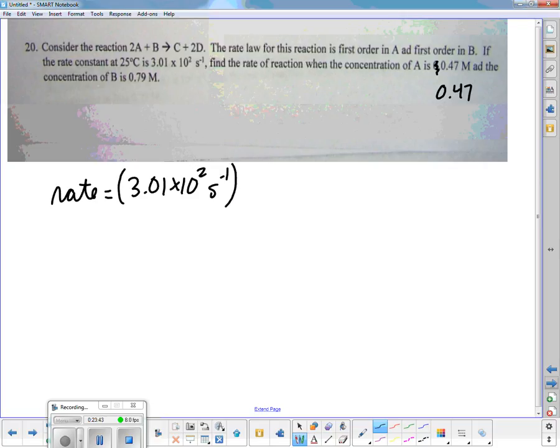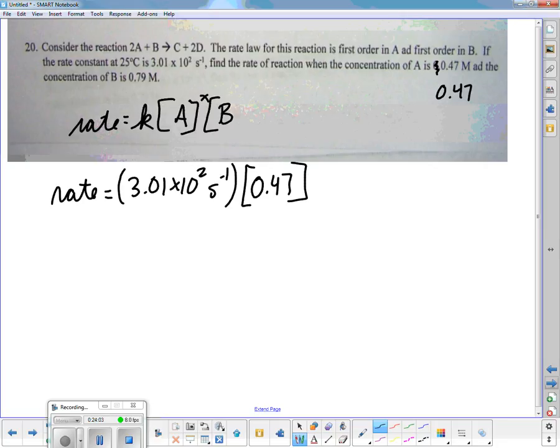Okay, then the concentration of A is first order, so it's going to be to the 1. I got the concentration of A. Oh, wait, so k is. Because remember, a generic one is rate is equal to a constant times A to some power, B to some power. I should have known that from last year.